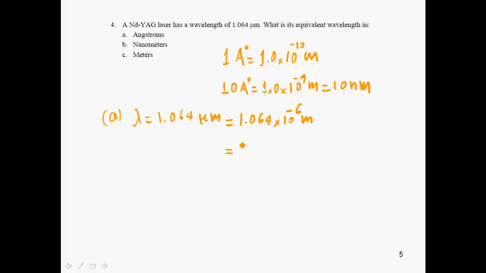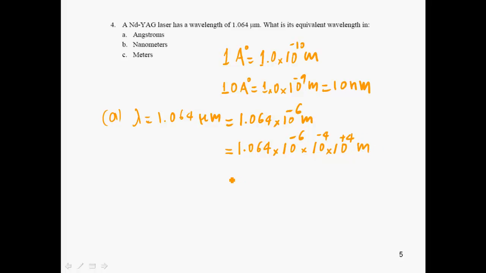Let's do it this way, it will never fail you. 10 to the negative 6. So I need to multiply by 10 to the negative 4, so that minus 6 minus 4 will give me my minus 10. And then I also have to multiply by 10 to the plus 4. So multiplying by 10 to the negative 4 and 10 to the positive 4, I'm not changing my original number.